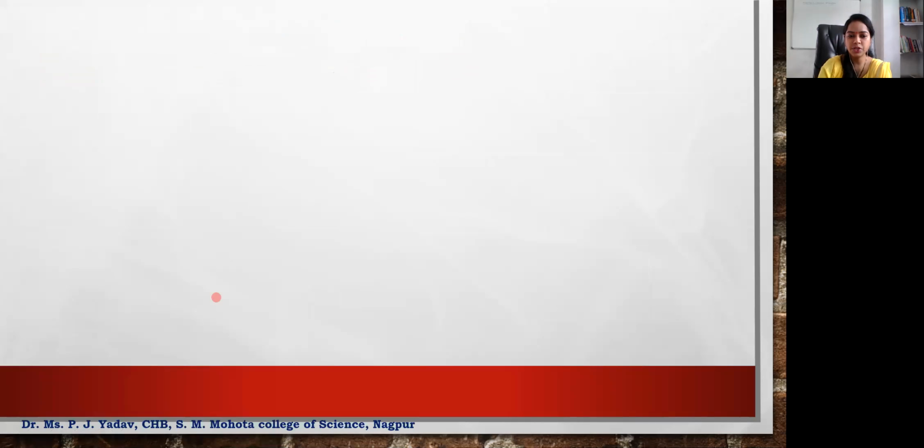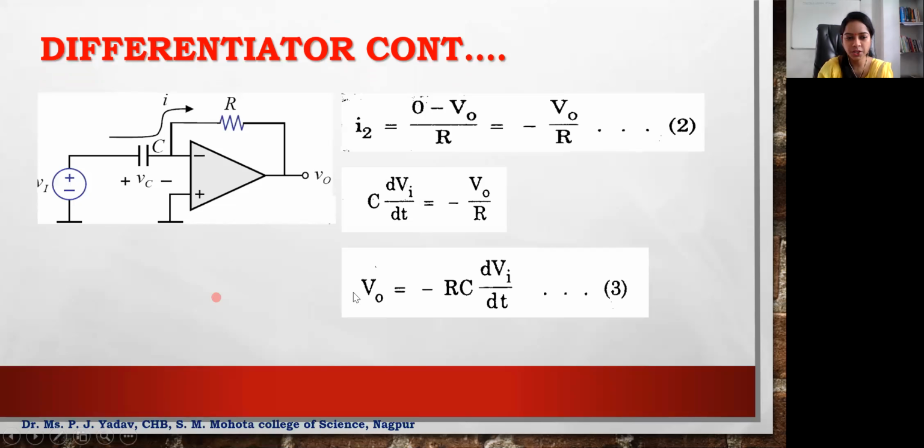And why do we have this? Just have a look at this equation. Once more, we have minus RC. Why is this minus there? Because we are using the op-amp as an inverting amplifier. Why op-amp as an inverting amplifier? Because we have mounted the circuit at the inverting terminal.